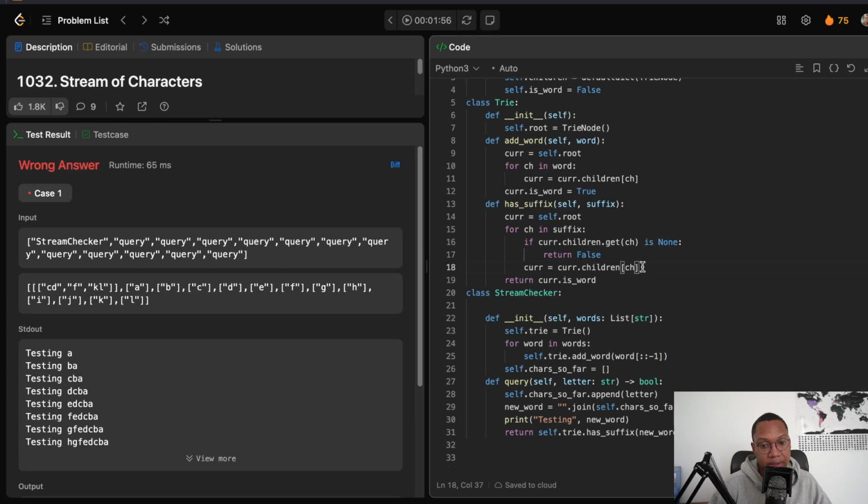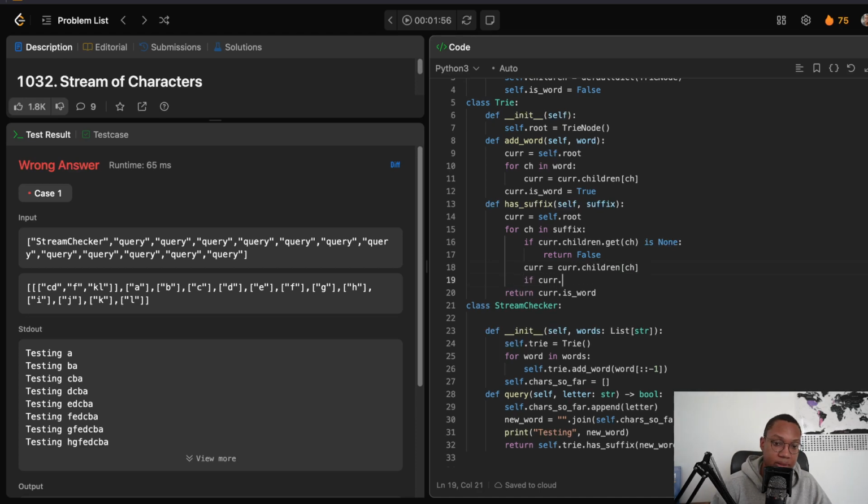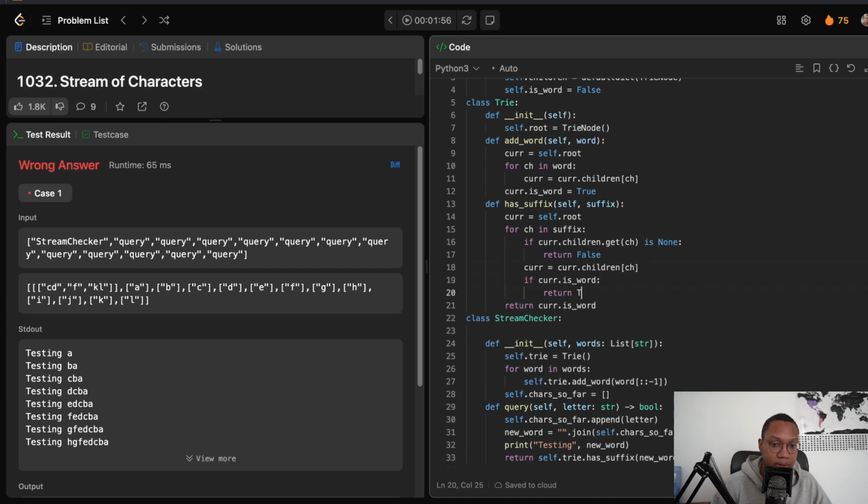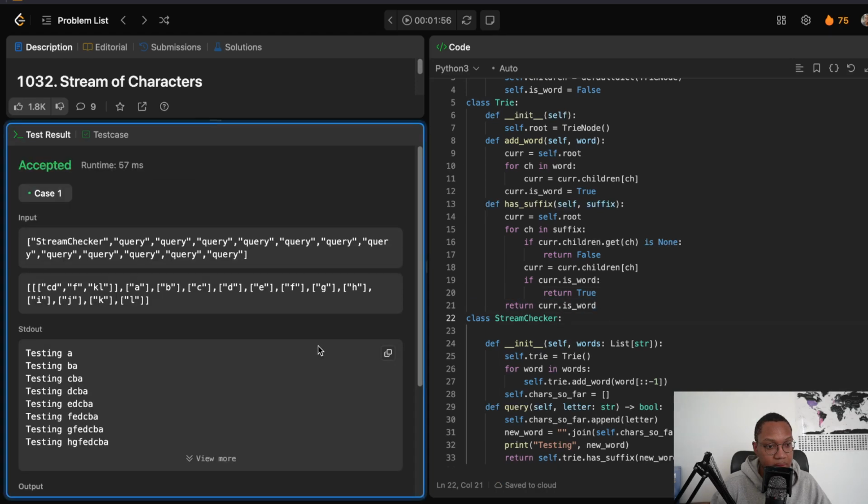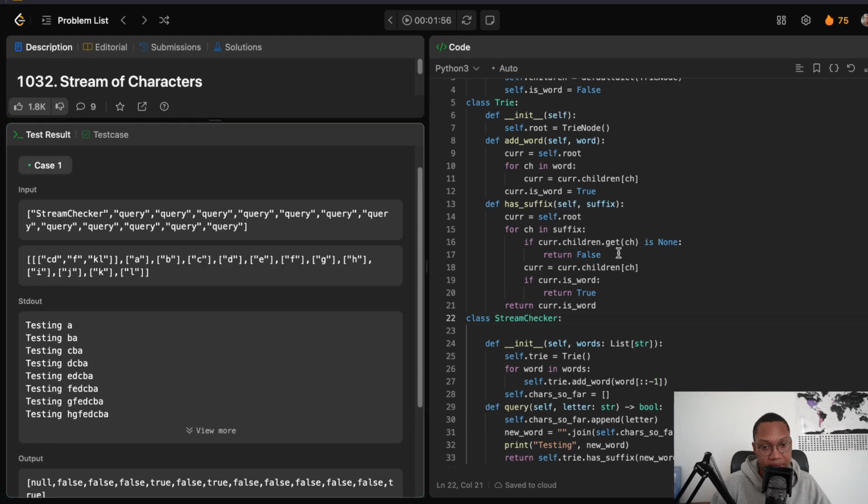Oh, because we have to check if current.is_word, then we return true. There we go. I think this fails though, because I don't like this O of N thing every single time.